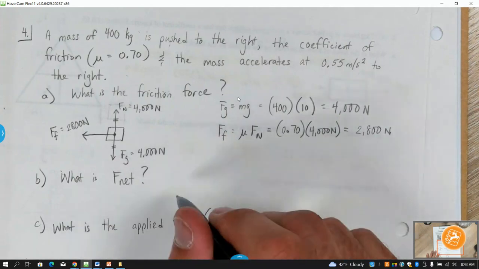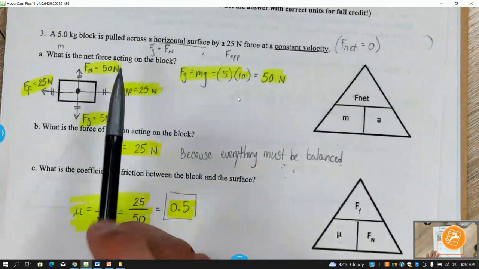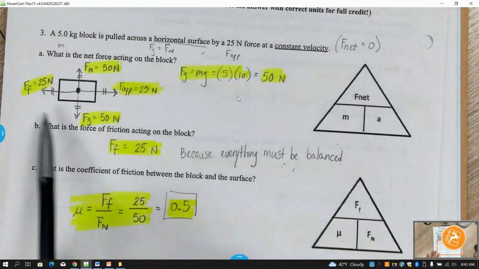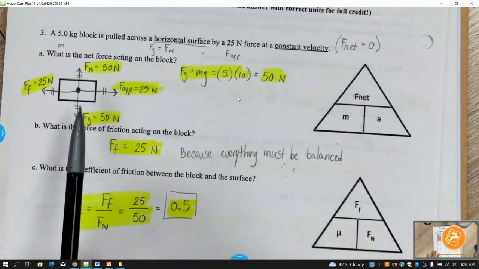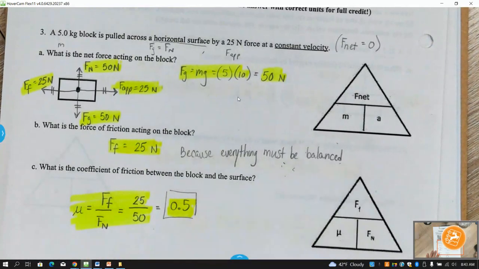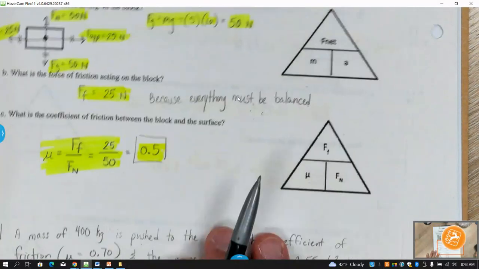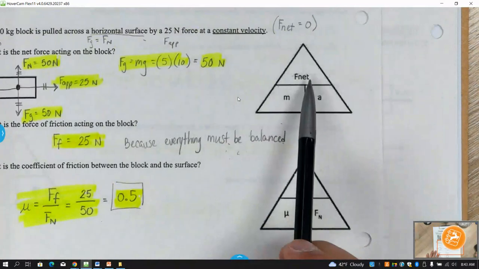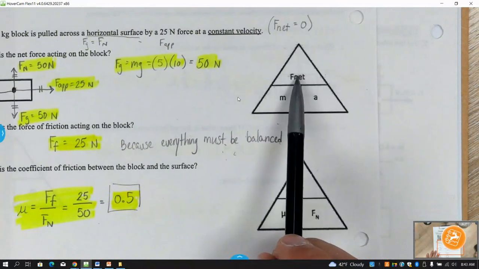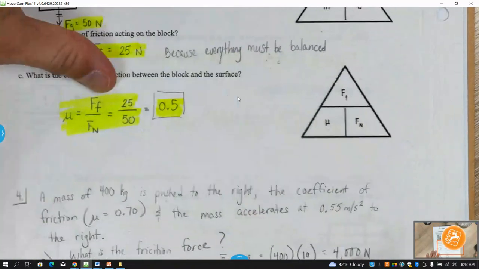Well, they asked us, what is net force? Now, before in some of these drawings, once we had enough information to draw in all of our vectors, we could then just subtract. But right now, we don't, because we don't know what this applied force is. We have to figure that out. So in that case, we need to use this triangle. F net is mass times acceleration. Do we have the mass?